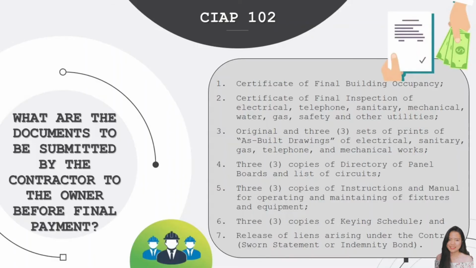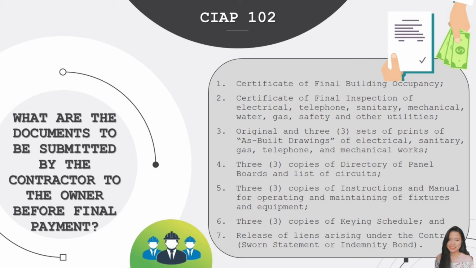Last, what are the documents to be submitted by the contractor to the owner before final payment? This includes number 1, Certificate of Final Building Occupancy; 2. Certificate of Final Inspection of Electrical, Telephone, Sanitary, Mechanical, Water, Gas, Safety, and other utilities; 3.